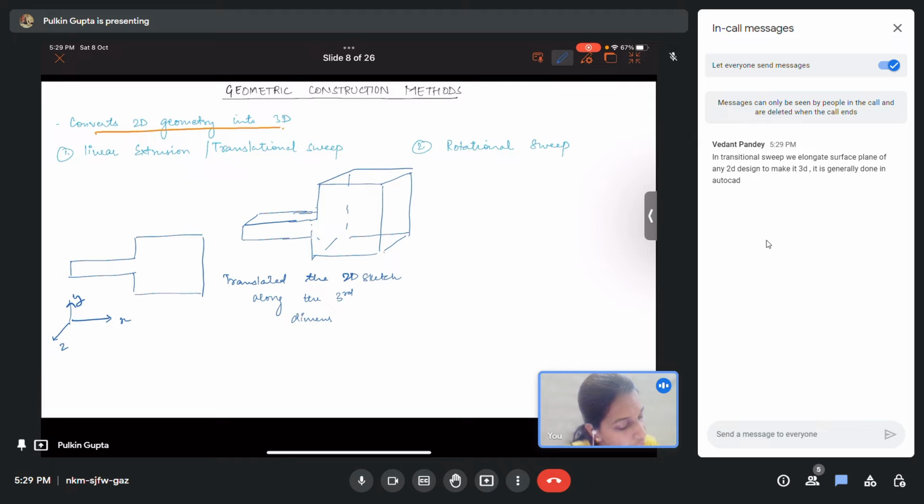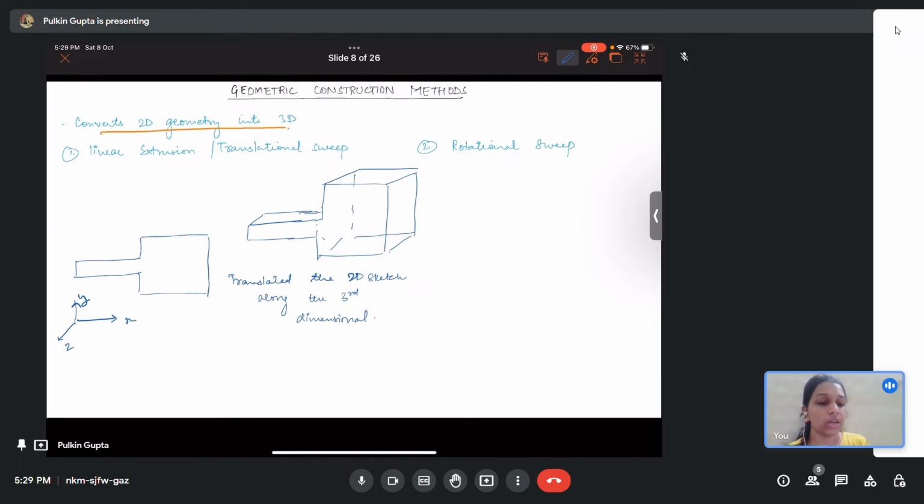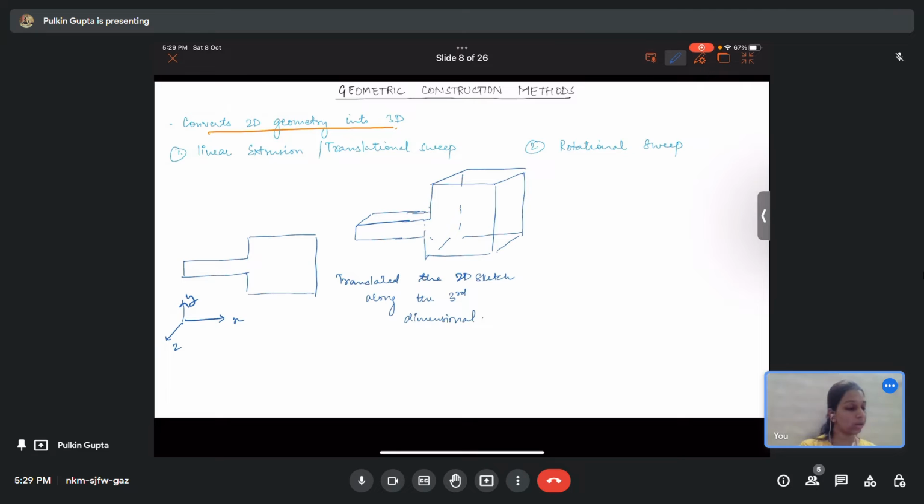Now coming to rotational sweep. In rotational sweep, you have a 2D model, your 2D sketch, and that is rotated along a particular axis to get a full solid. For example, this is your central axis or rotational axis.